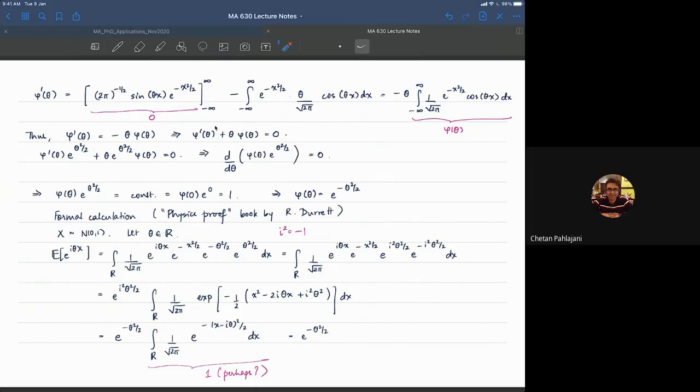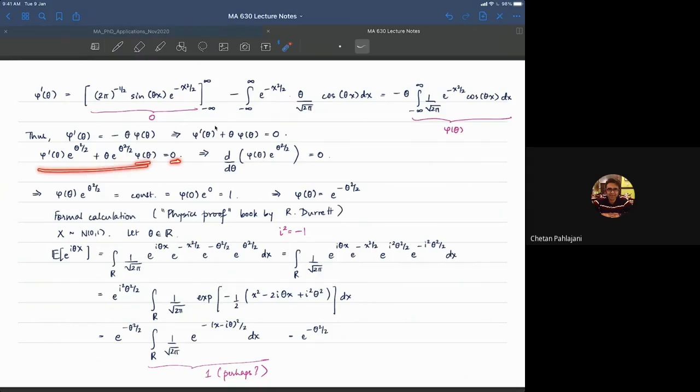I always call this the method of integrating factors, and I think that is correct. Anyway, you want to multiply both sides by something such that, using the product rule, the left side is the derivative of a product. So you do phi prime theta e to the theta squared over 2 plus theta e to the theta squared over 2 phi theta equals 0.